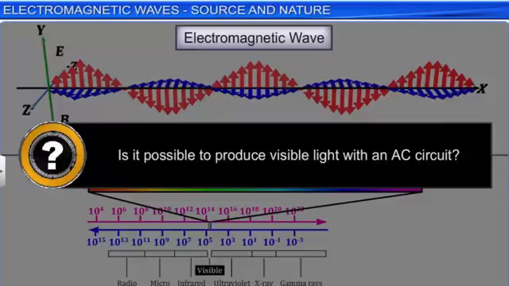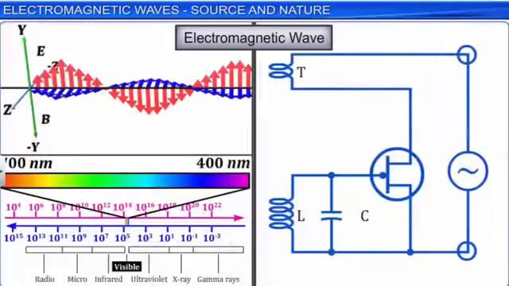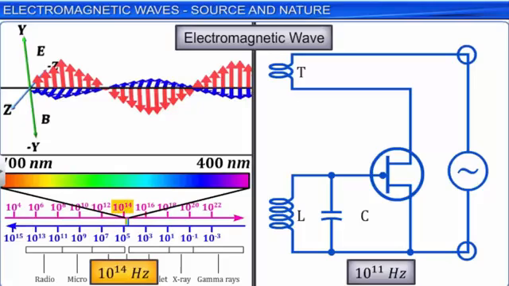The maximum frequency that can be produced with modern electronic circuits is in the order of 10 power 11 Hz, whereas the frequency of visible light is in the order of 10 power 14 Hz. Hence, visible light cannot be produced in an AC circuit with oscillating currents.